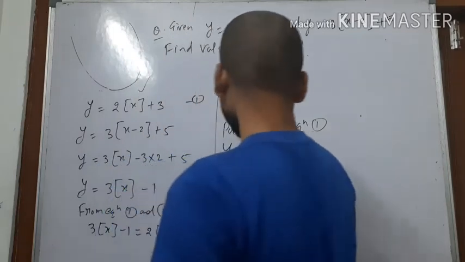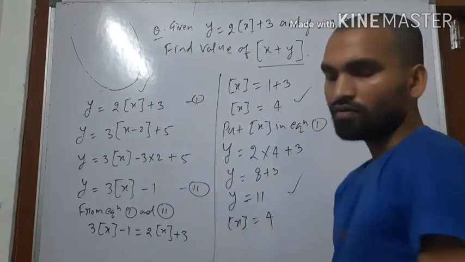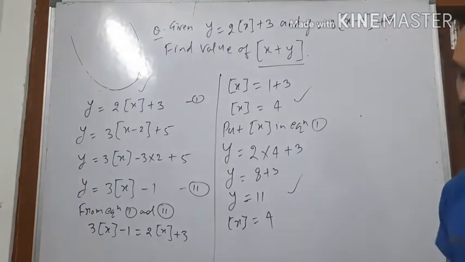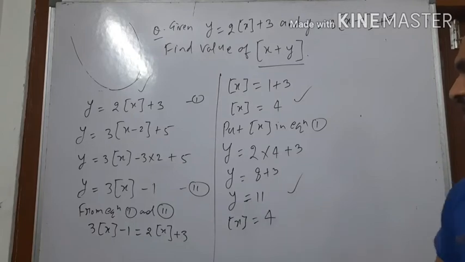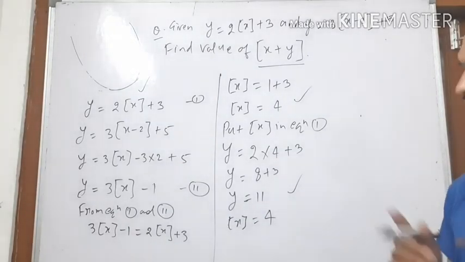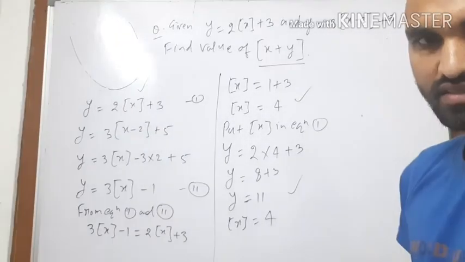Here we have greatest integer x is equal to 4. What are possible values of x when greatest integer will be 4? Either x should be exactly 4, or x should be 4 point something fraction.